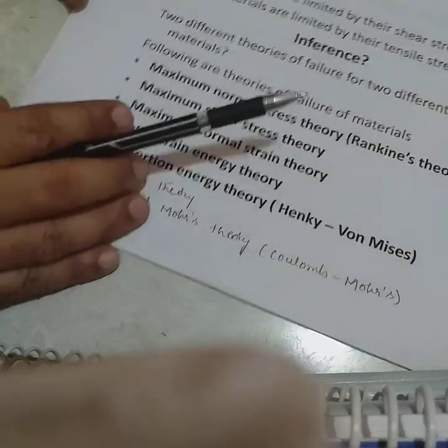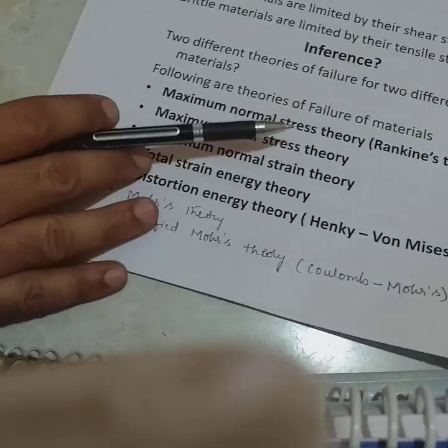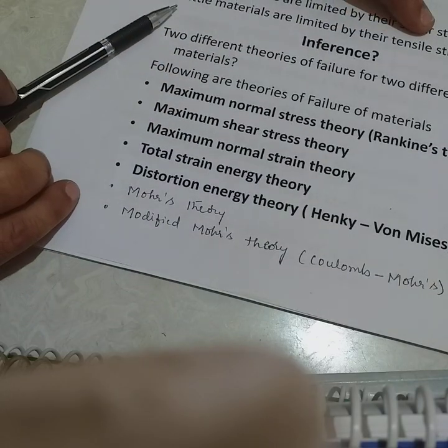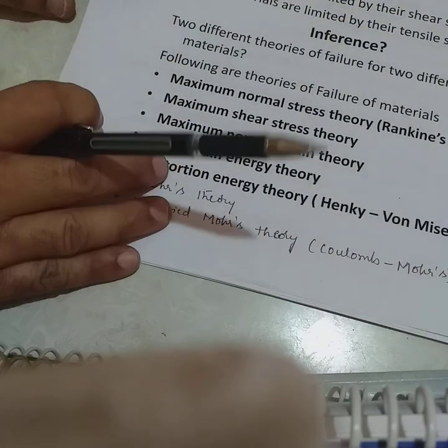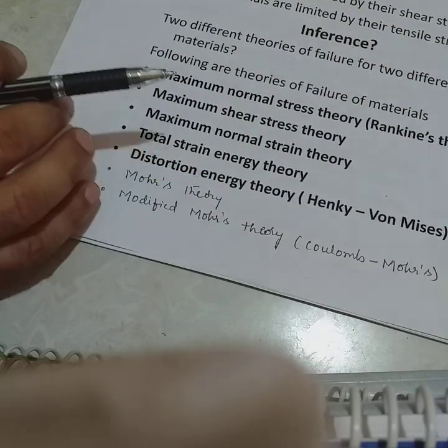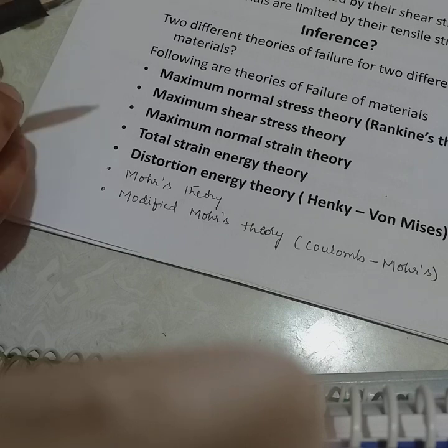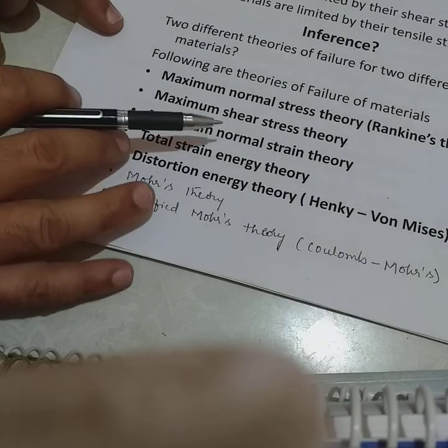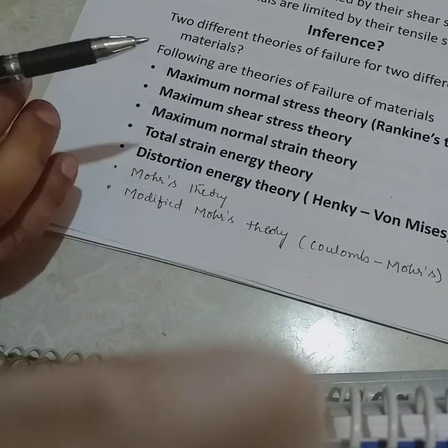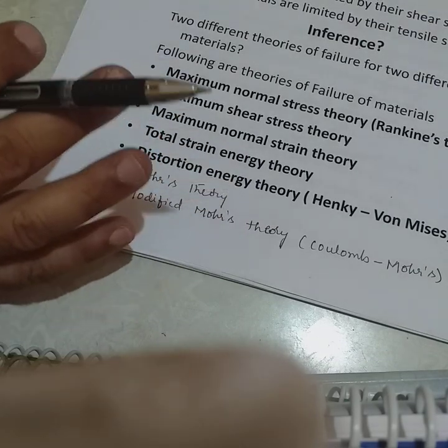In general, as we have seen, ductile materials are limited by shear strength, whereas brittle materials are limited by their tensile strength. Now, to correlate between the test results that are obtained and the components that in practice are subjected to combined loading, the theories of failure will bridge the gap.